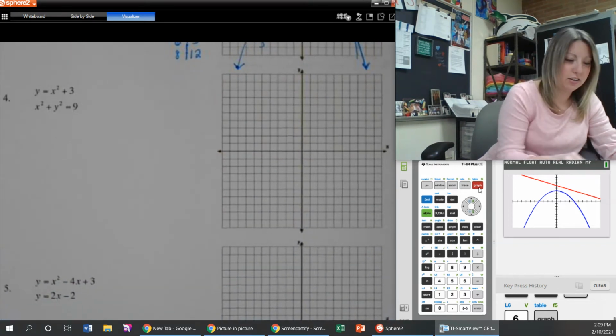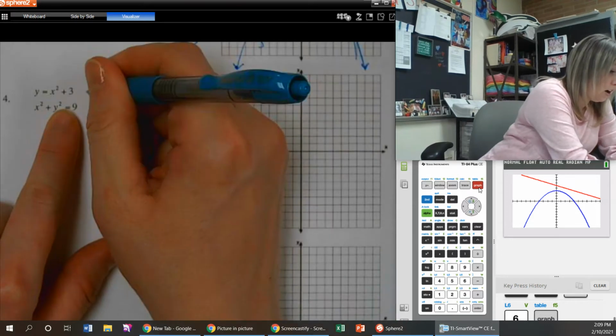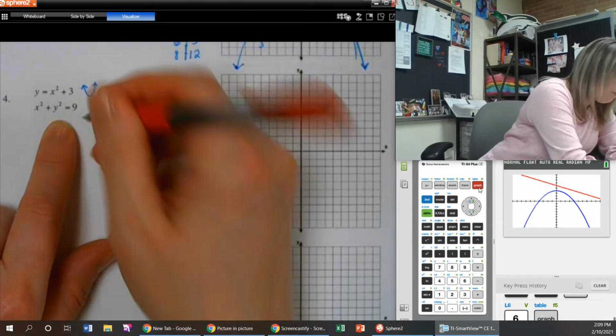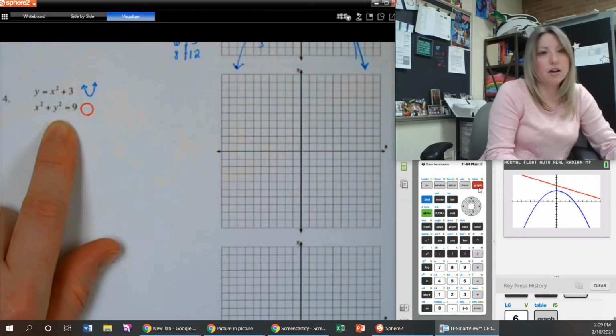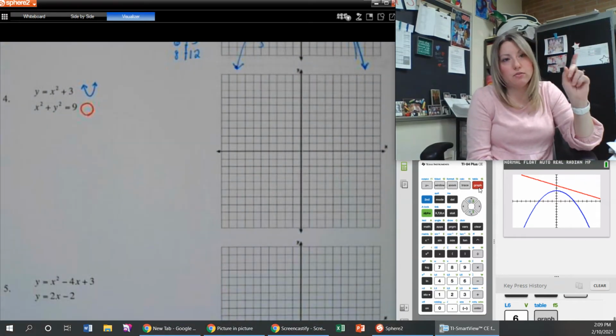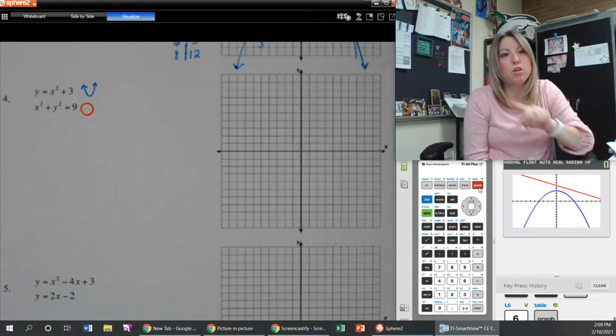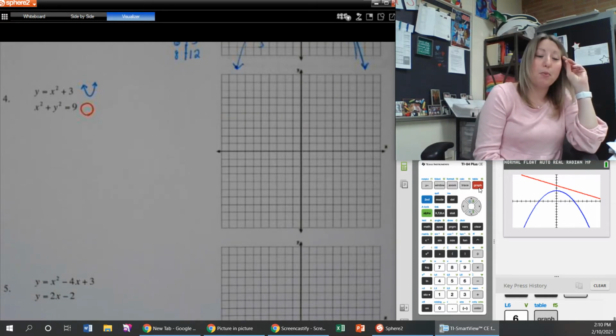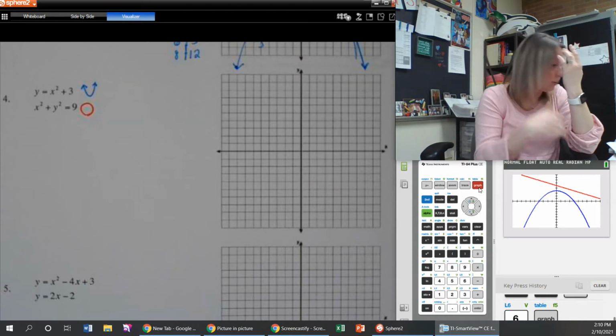Well, this is a parabola, a smiley face parabola, and a circle. And this could have 0, 1, 2, 3, up to 4 potential intersection points here, depending on where the parabola lies and where the circle lies.